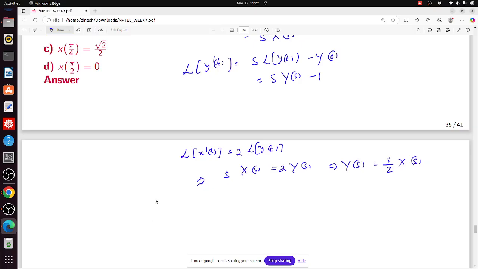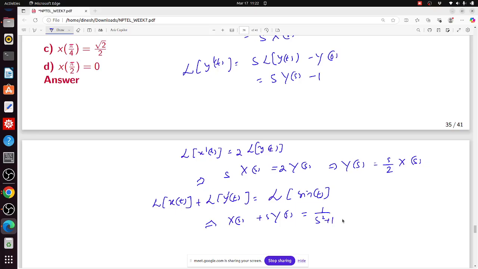Then the next we can do is the Laplace transform of x(t) plus L of y prime t is equal to the Laplace transform of sin t. So here we will get X(s) plus s Y(s) is equal to 1 by s square plus 1.